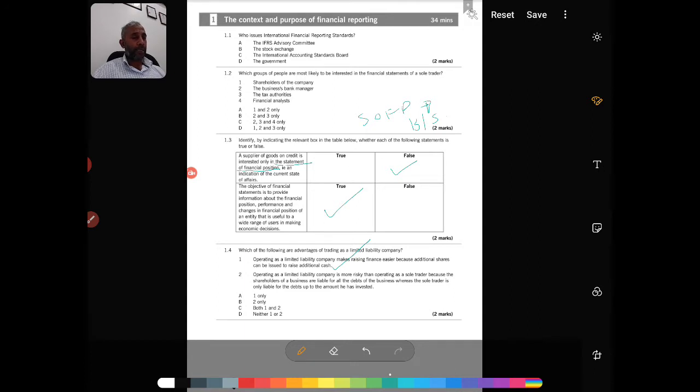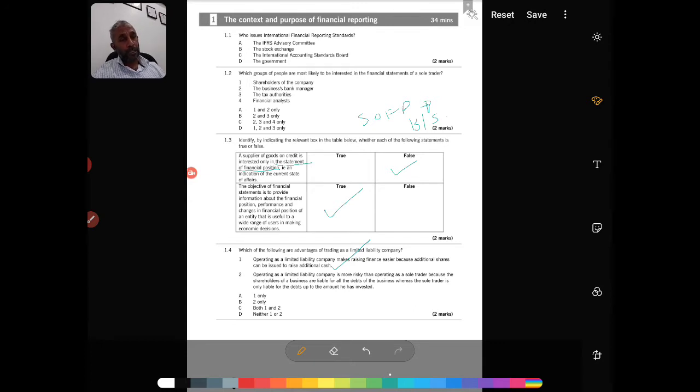Operating as a limited liability company is more risky than operating as a sole trader because the shareholders of a business are liable for all the debts of the business, whereas the sole trader is only liable for the debts up to the amount he has invested. Actually, the opposite of that is correct. The sole trader's liability is unlimited. He has to pay any debts, regardless, by taking his personal property and funds. Whereas for shareholders of a limited liability company, their liabilities are limited to the extent of any unpaid shares.